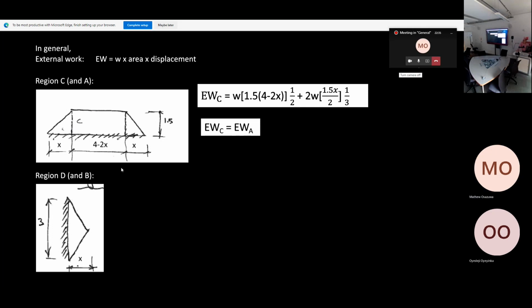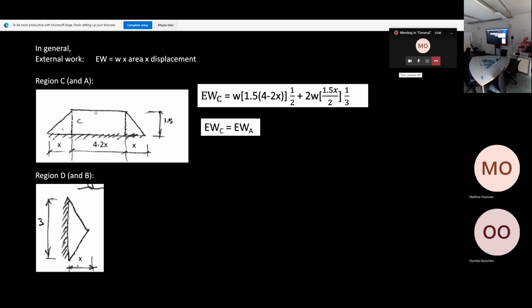When you have a UDL, like here, you have a triangle, rectangle, and you have a UDL, the displacement there is 1. Okay? The displacement is 1. So what is the displacement at the centroid here? Half. If the displacement is 1, the displacement at the centroid, in the center of the rectangle, is half, which is what we said before, the average.